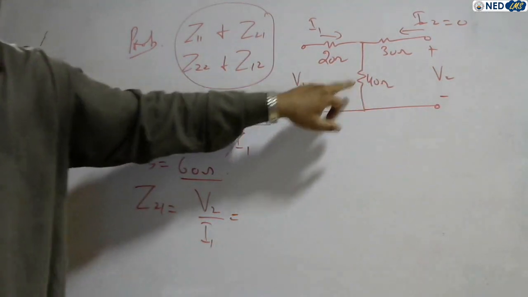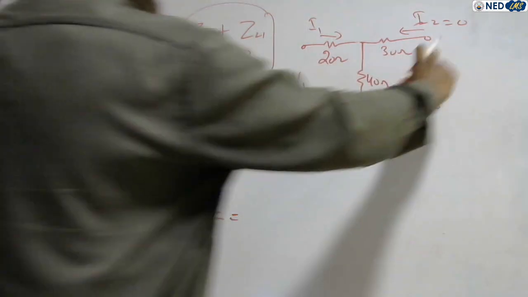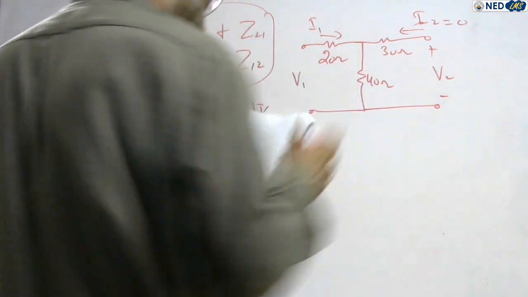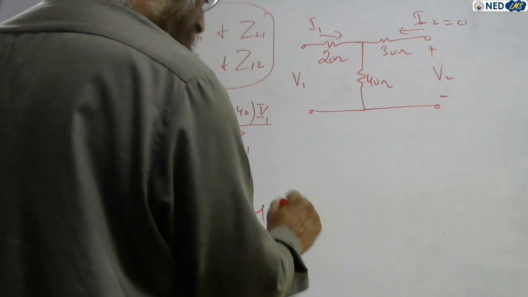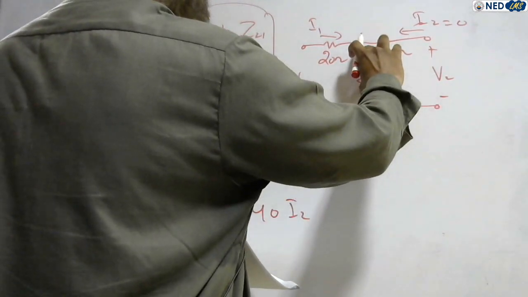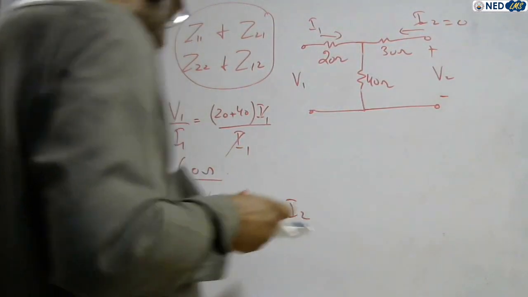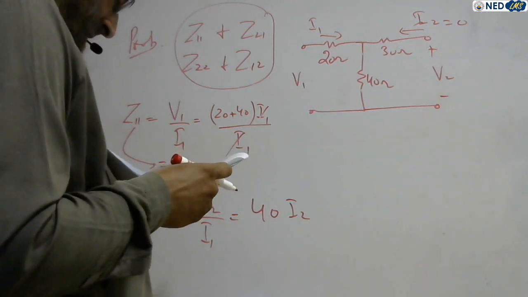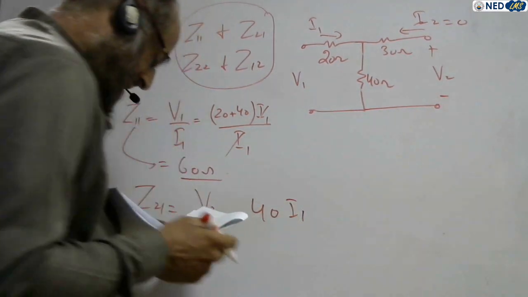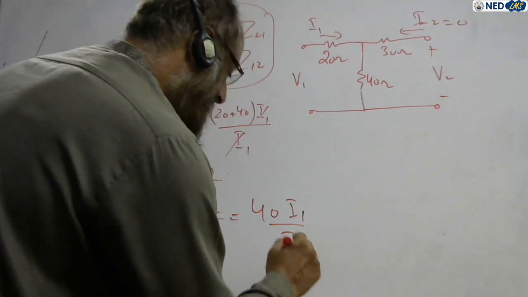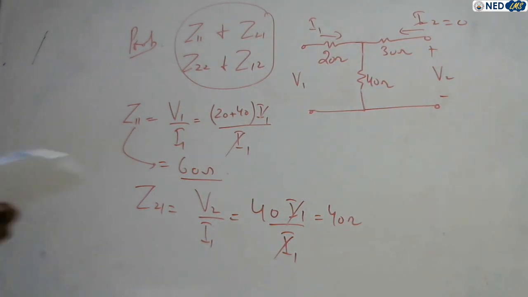So V2 is 40 times I1, because there is no current I2. Then 40 times I1 over I1, I1 cancels, so Z21 comes out to be 40 ohms.